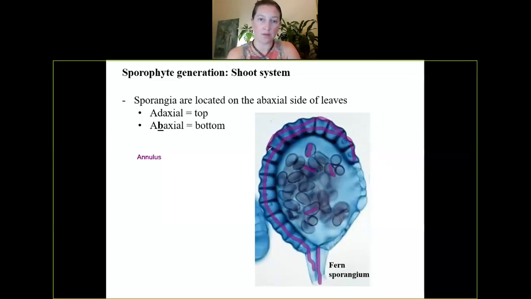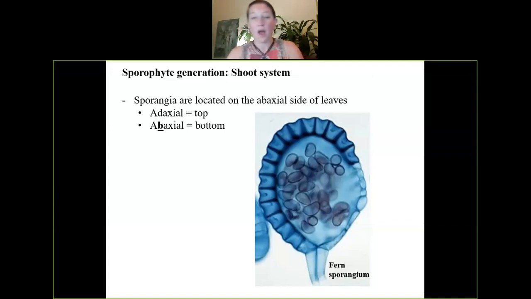See kind of here, it would continue over here as well, like a ring shape. And that annulus is made of these special cells, and what the special cells do, I think I have it on the next slide, do I?